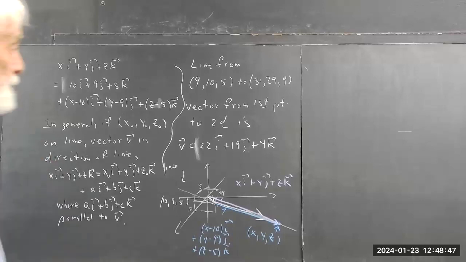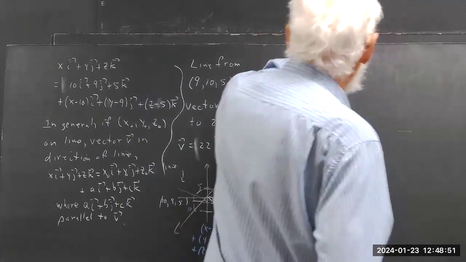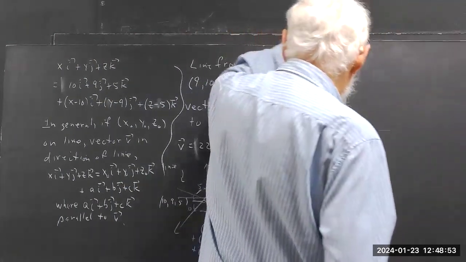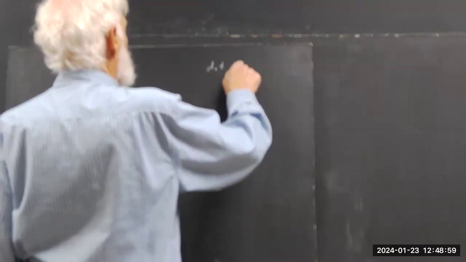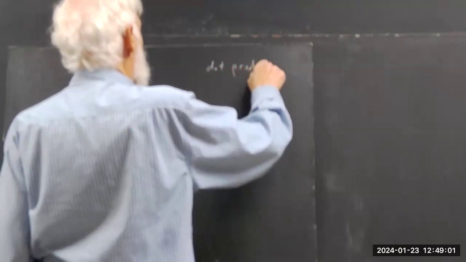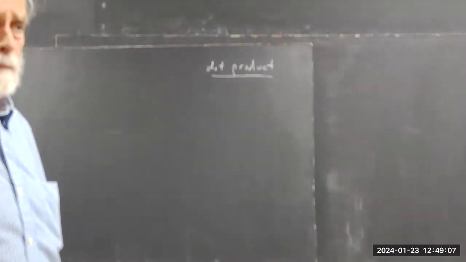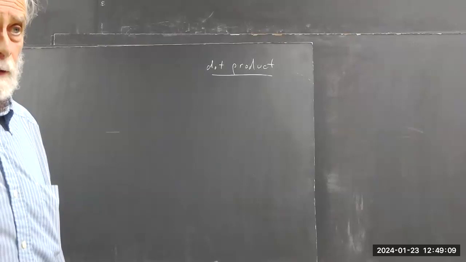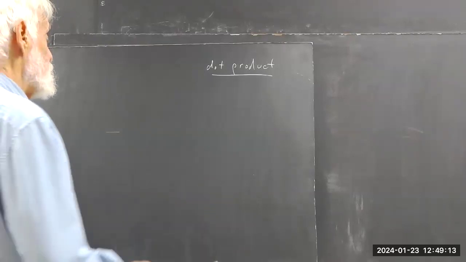Stop there for a minute and talk about the dot product. You all seen dot product in linear algebra yet? So everybody knows what dot product is. Okay, so I don't have to develop it.